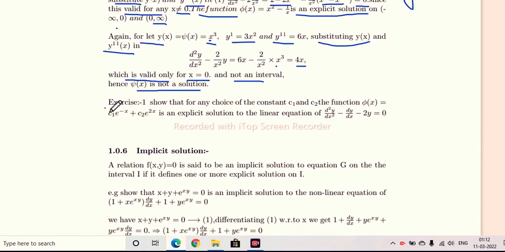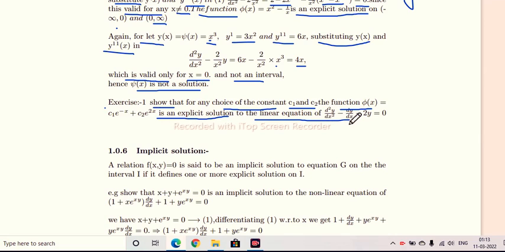Now this is an example for you. In the same way as above, show that for any choice of the constants C1 and C2, here C1 and C2 are arbitrary constants, so choose any constants, the function phi(x) equal to C1 times e to the power minus x plus C2 e to the power 2x is an explicit solution to the differential equation.